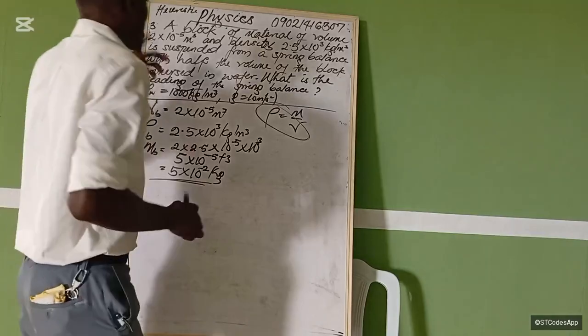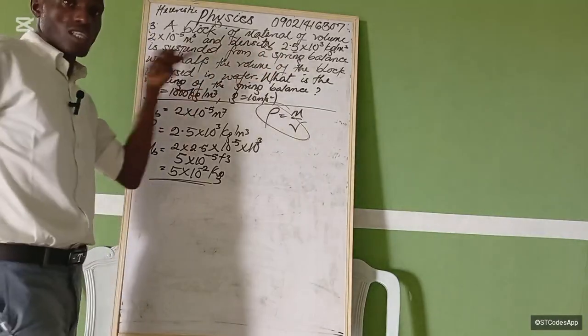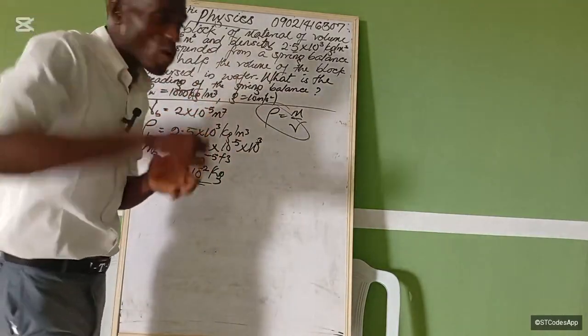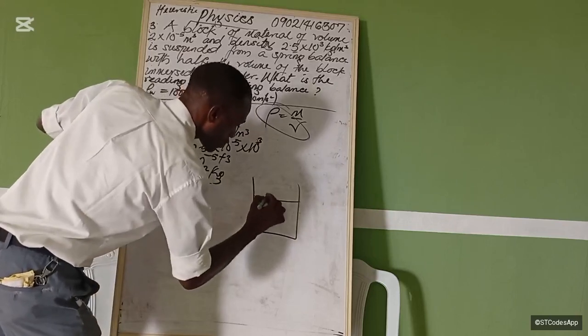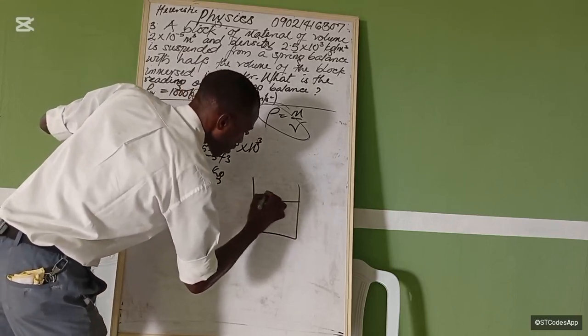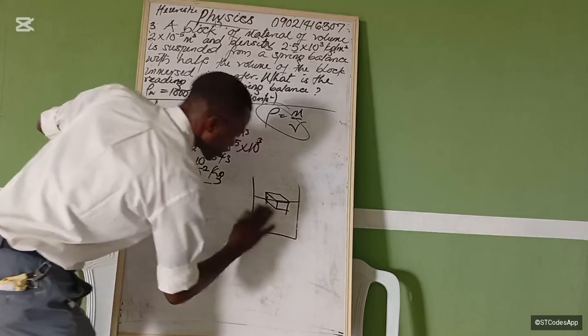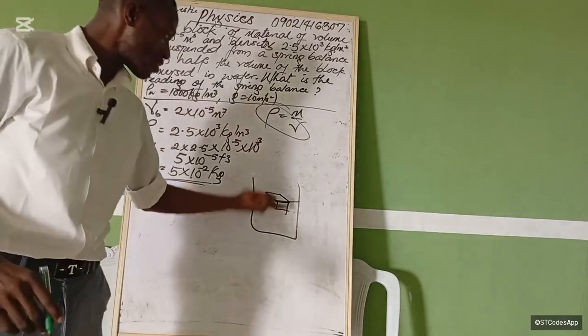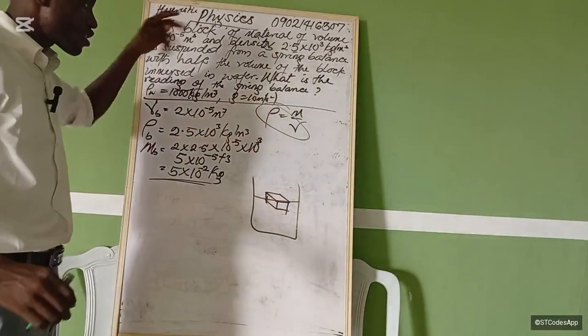Let me show you what that is. Inside this water, only half of the volume of that block is immersed, not the total volume. So some parts are still up above the water. Is that okay?